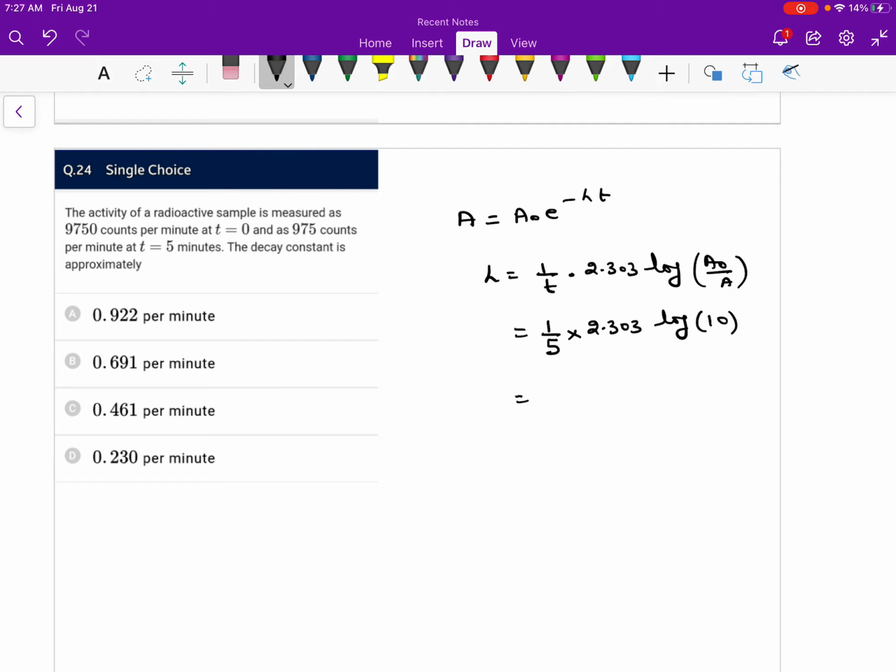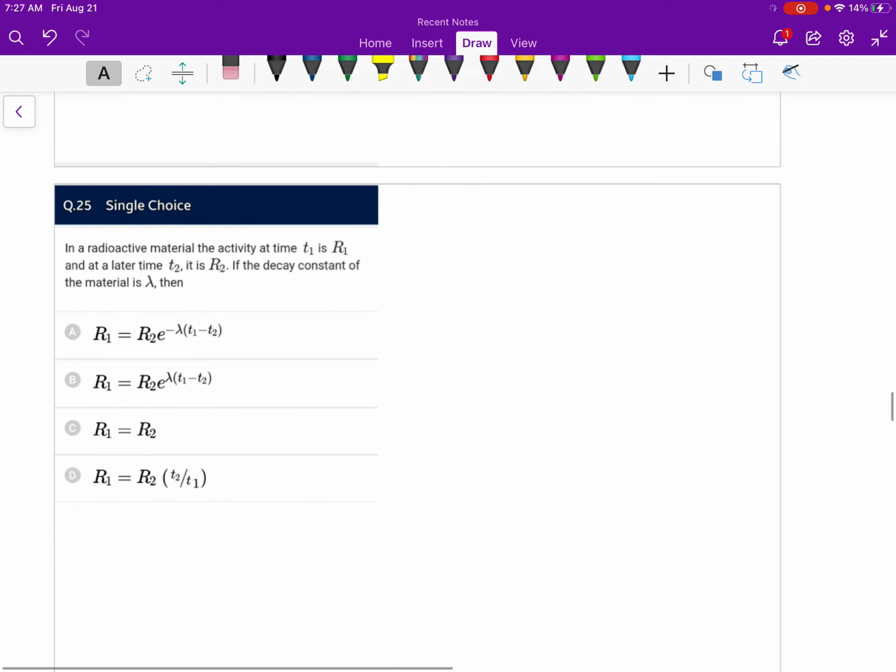So 2.3 upon 5, which is 5 4s are 20, 0.461 per minute. So C is the correct option.